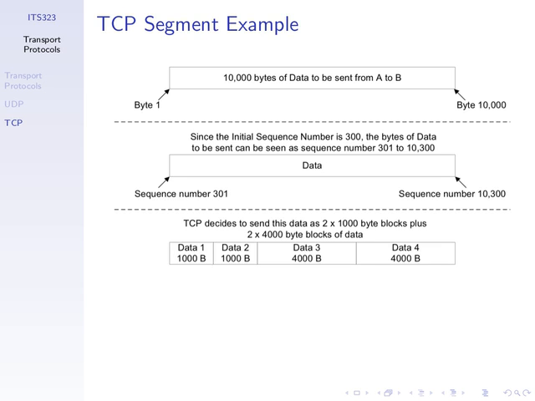Let's just go through one example where I've chosen some numbers just to make it easy to illustrate. It decides in this case to split into 4 segments of 1,000 bytes and 4,000 bytes. We could draw those segments. Remember, we said that the first byte was 301.